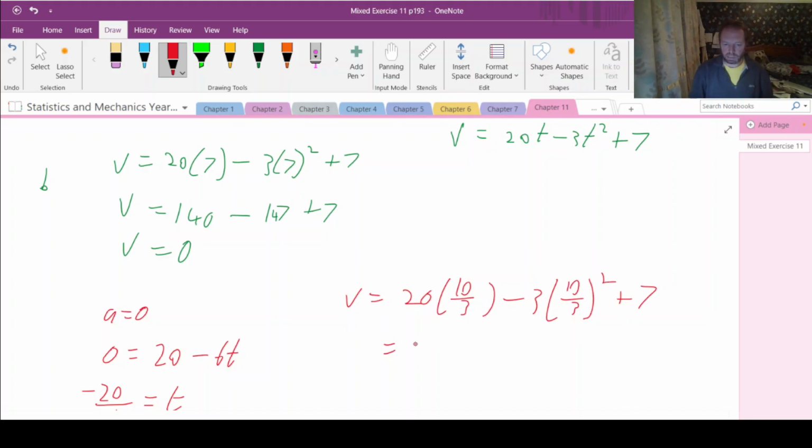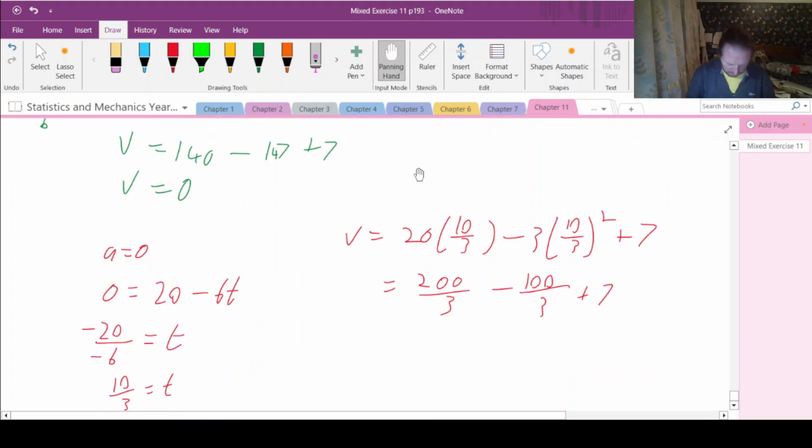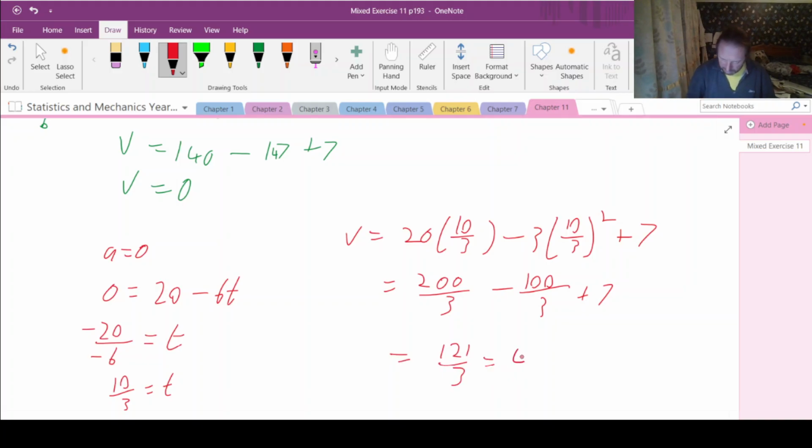We should get 200 over 3 minus, square that one, multiply it by 3, 100 over 3, plus 7. That gives us 121 over 3, which is 40 and a third meters a second for the greatest velocity.